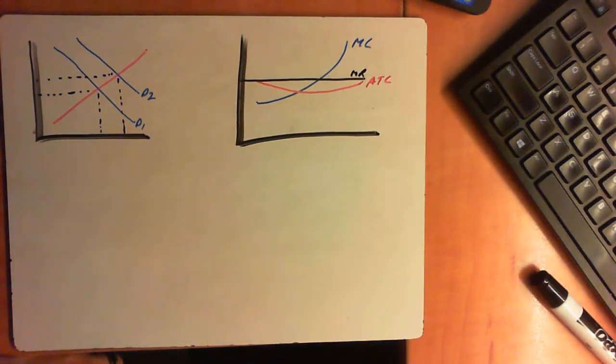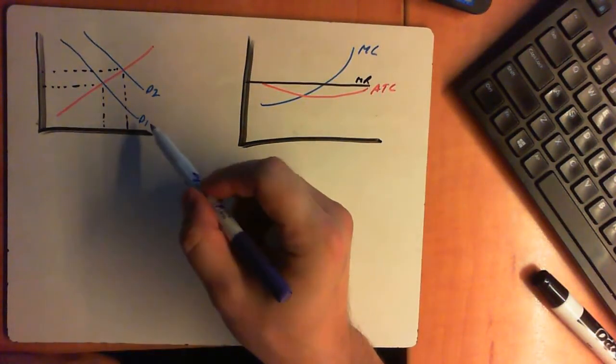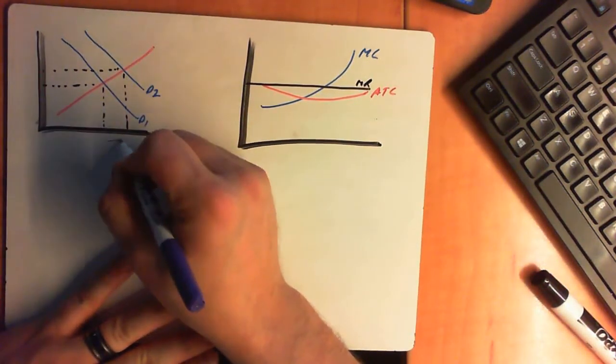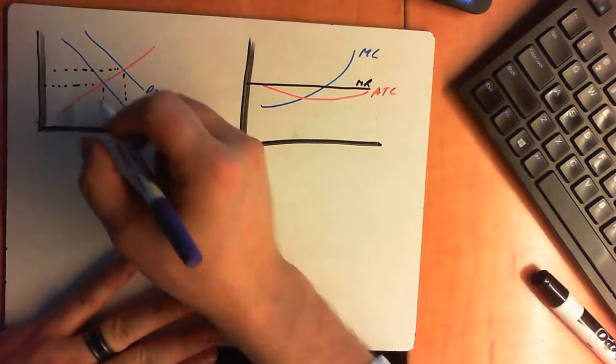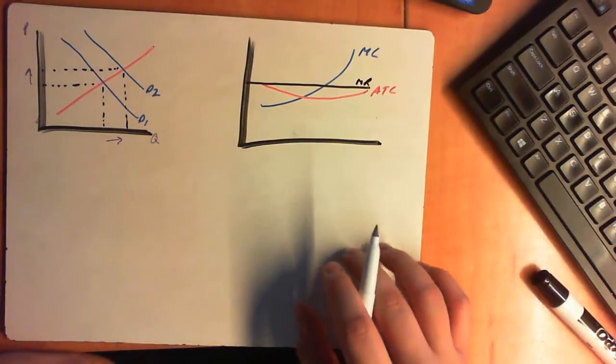So given the change in demand, the representative firm will produce more or less output at a higher price or a lower price. Well, looking at this first part here, we can effectively say that if demand changes from D1 to D2, quantity down here will shift to positive, and price on this axis will shift up as well.